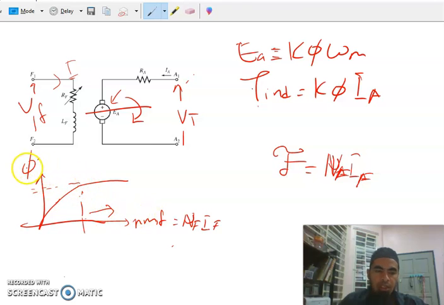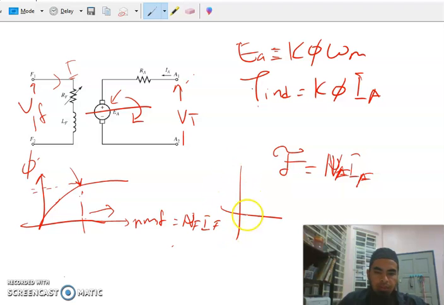It means you cannot increase the flux value anymore. It will stick here, which means you are wasting your field current or number of turns, because you cannot increase more flux into the motor.